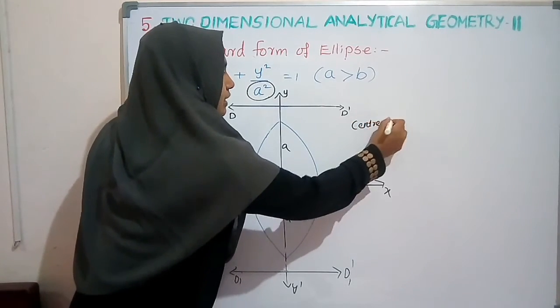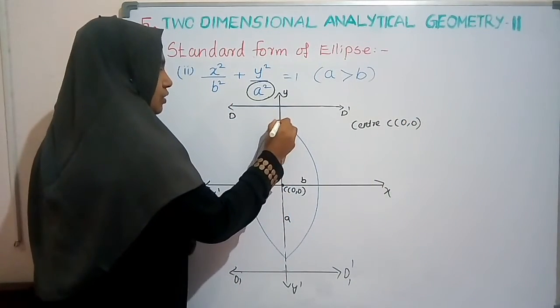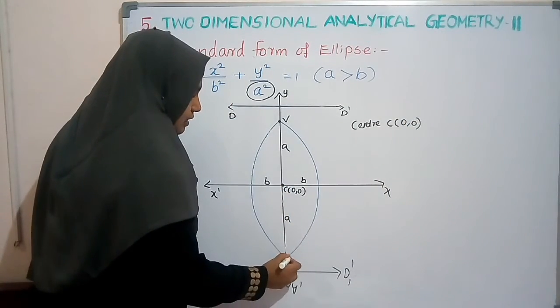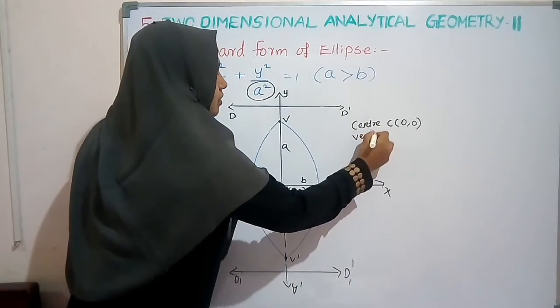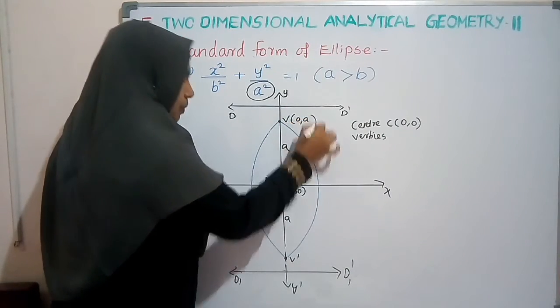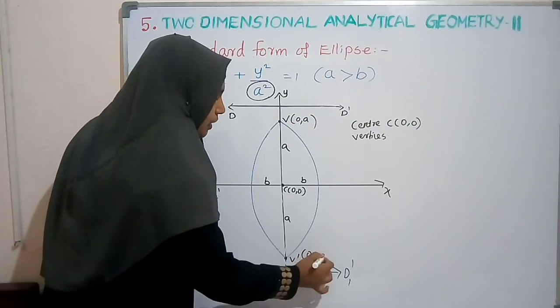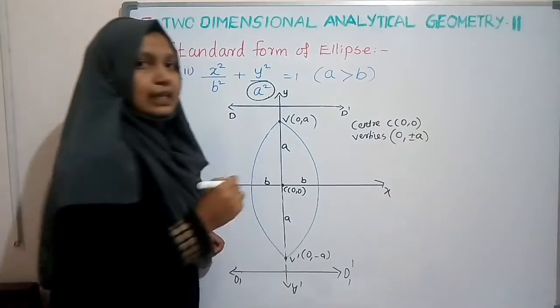So we can write center C is (0, 0) and these are the two vertices. I mark them as V, V dash, and they are the vertices. Suppose the distance is a, it becomes (0, a) and (0, minus a). So I am writing (0, plus or minus a).